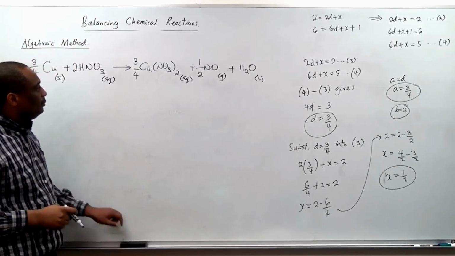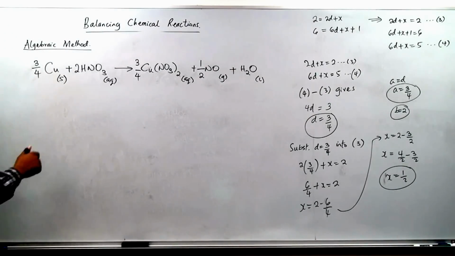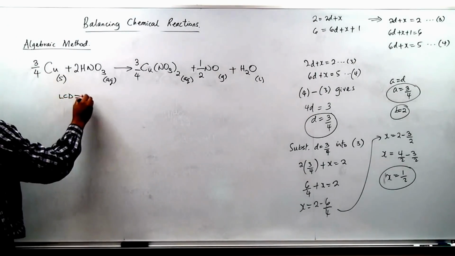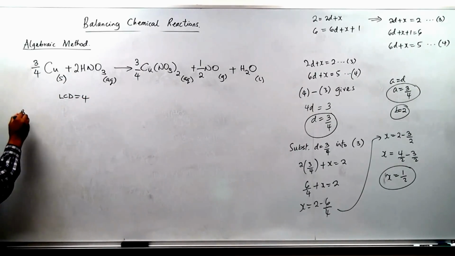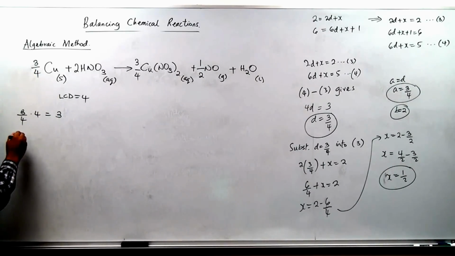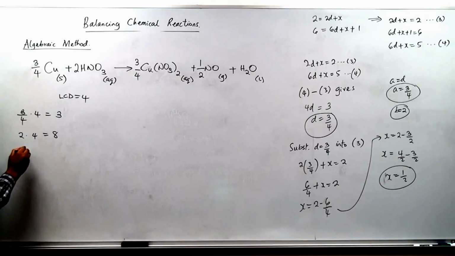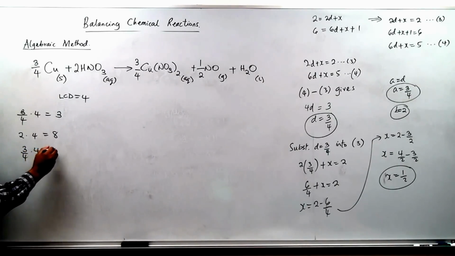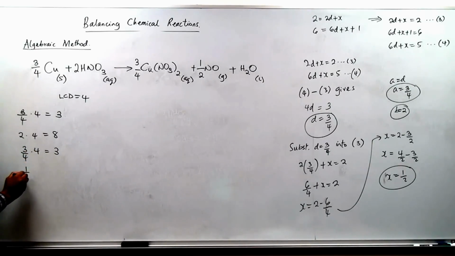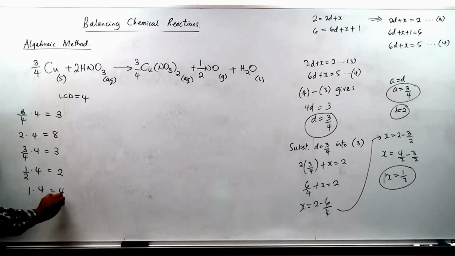And then this is 4. So what's the LCD now? You have the fraction LCD. LCD is 4. Okay, so multiply everything by 4. 3 over 4 times 4 will give 3. Then 2 times 4 will give 8. Then 3 over 4 times 4 will give 3. Then 1 over 2 times 4 will give 2. And then 1 times 4 will give 4.